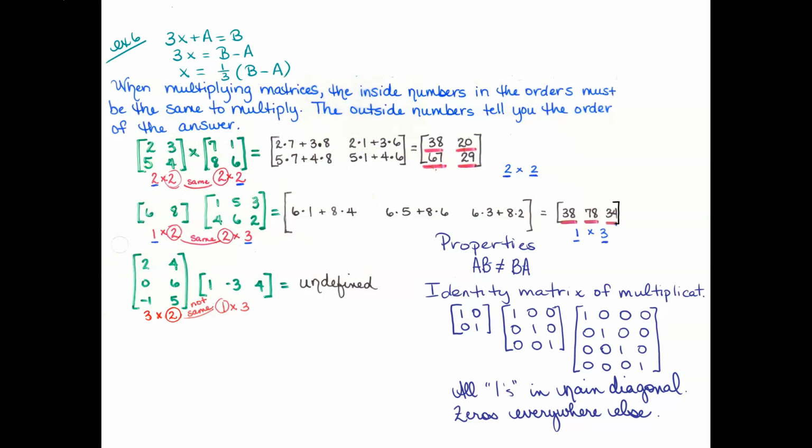If we look at this second example over here that we had, a 1 by 2 and a 2 by 3, let's reverse that order. So let's say instead that we had done the 2 by 3 first and the 1 by 2 second. Your inside numbers are 3 and 1. They're not the same. You can't even multiply that, right?